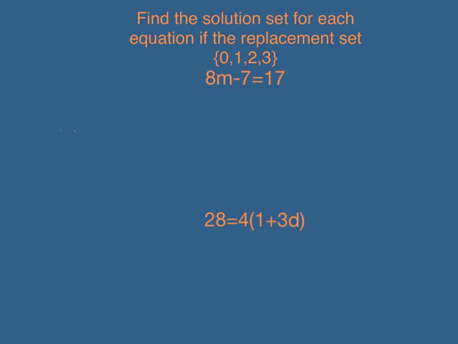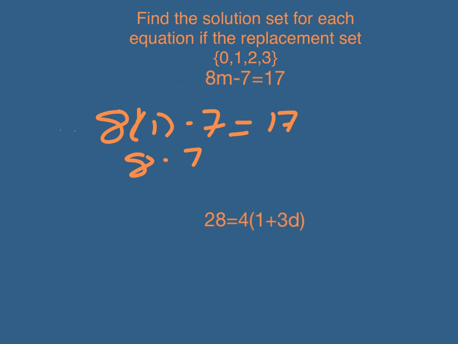Alright, next we've got to try 1. 8 times 1 minus 7 equals 17. 8 times 1 is 8, minus 7 is 1. So 1 equals 17. Again, that's not true, so I know that 1's not part of my solution set.